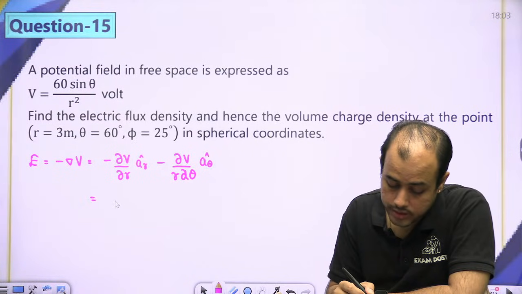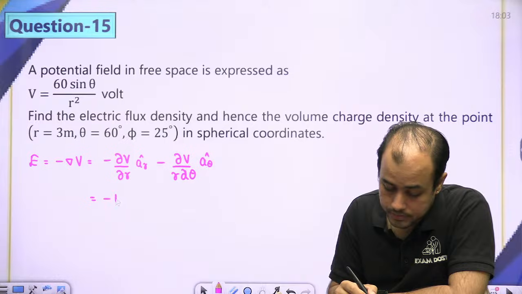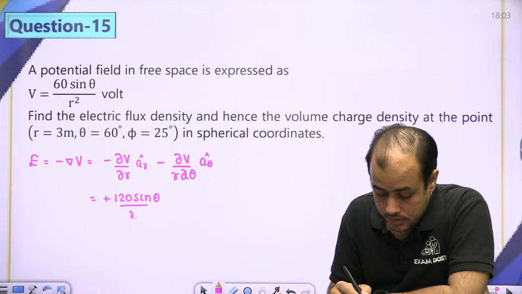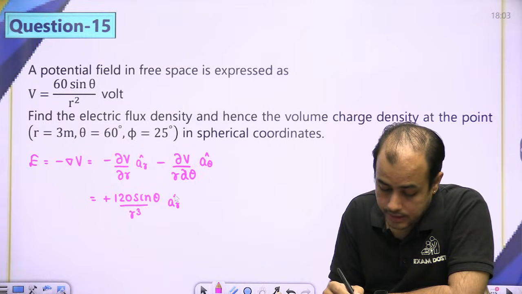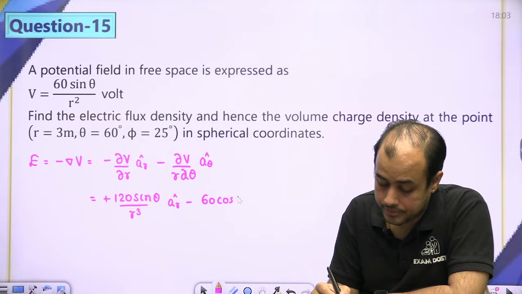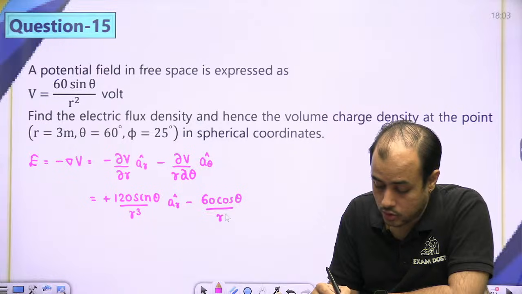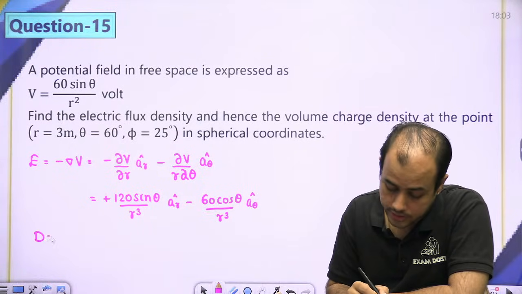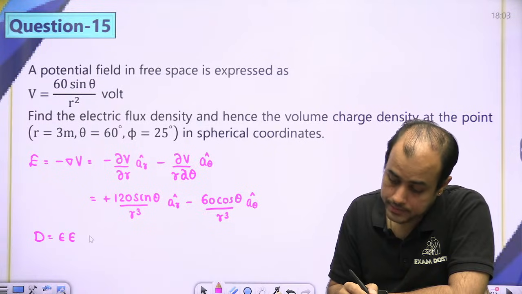So 1 by R square is minus 2 by R cube. 120 sine theta by R cube A R cap minus 60 cos theta by R cube A theta. Now D will be equal to epsilon E.